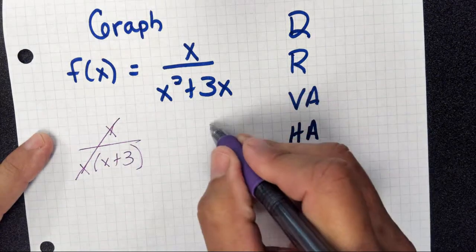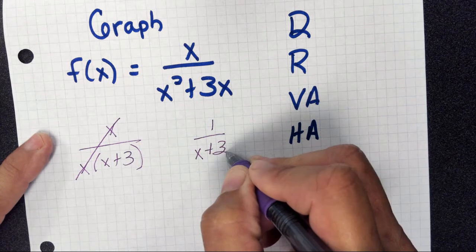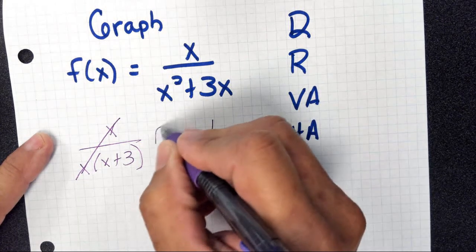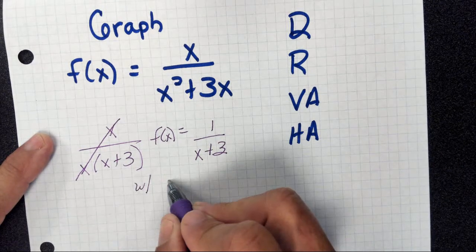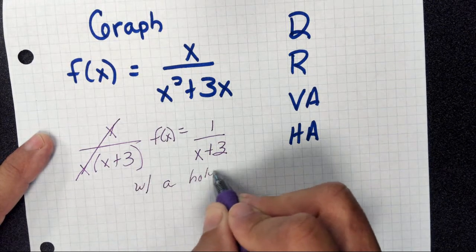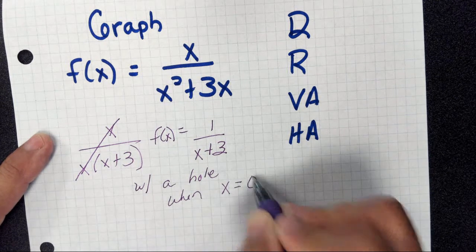So we scratch that out, and ultimately all I'm graphing is f of x equals 1 over x plus 3 with a hole when x equals 0.